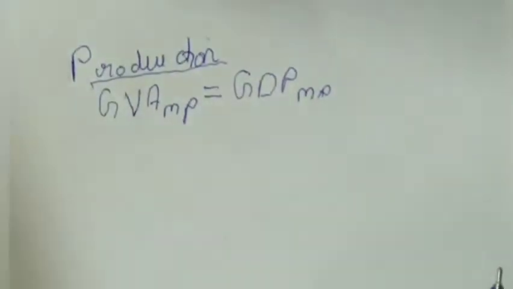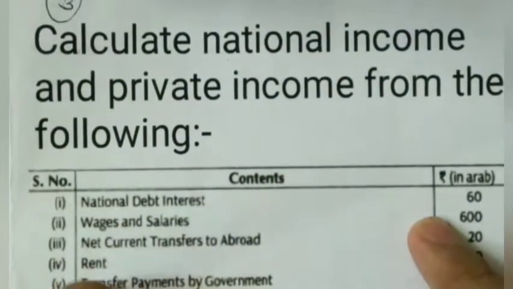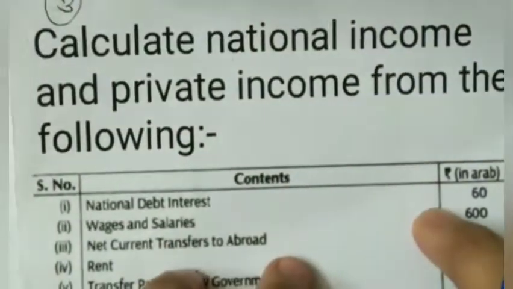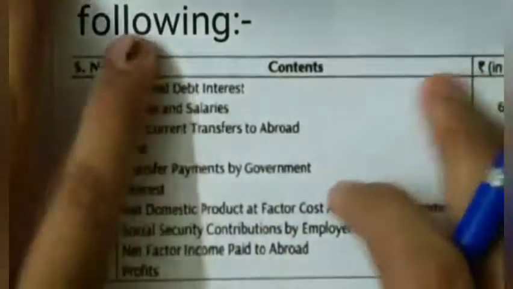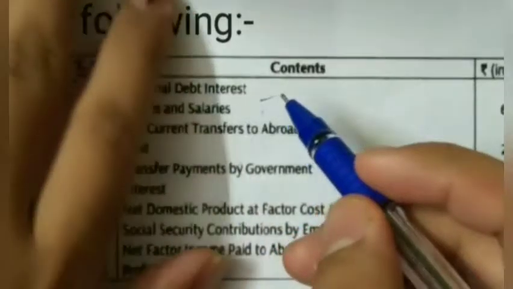Now we are going to the third question in our list. Calculate national income and private income. Calculate national income as well as private income from the following. So here we have wages and salaries. So no way, it is the income method.